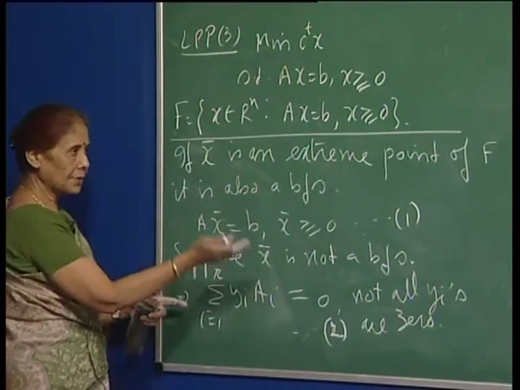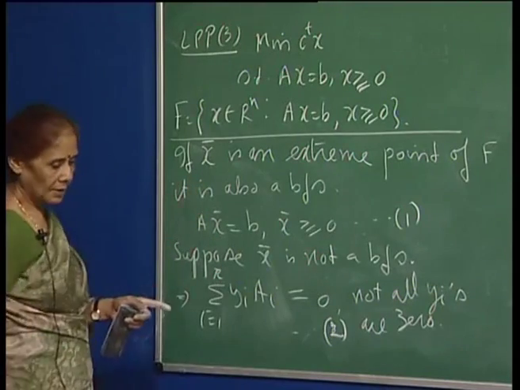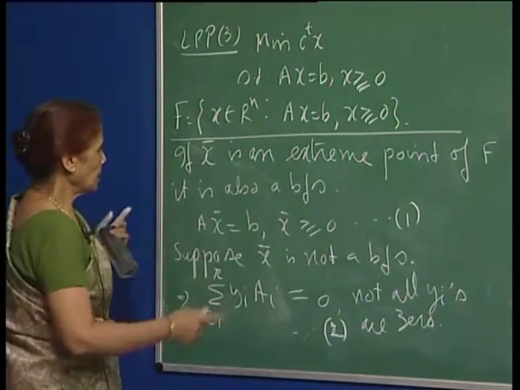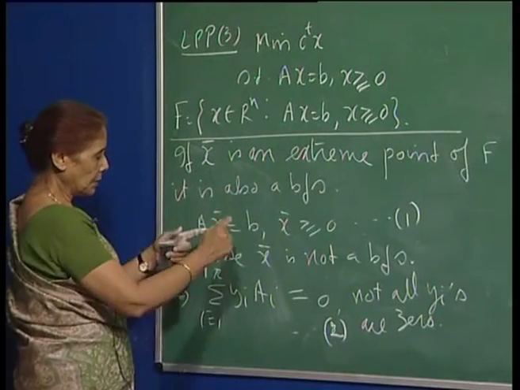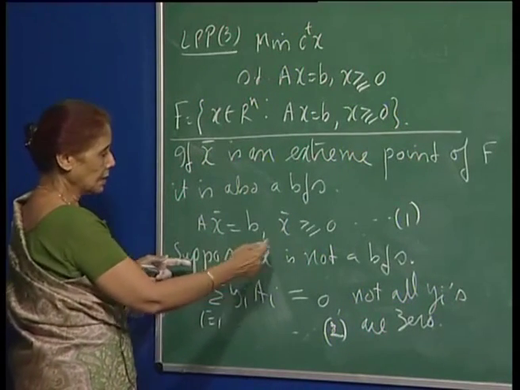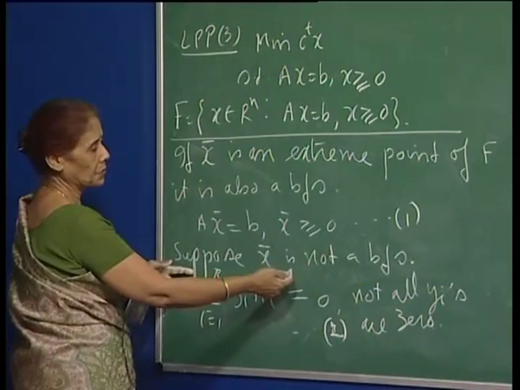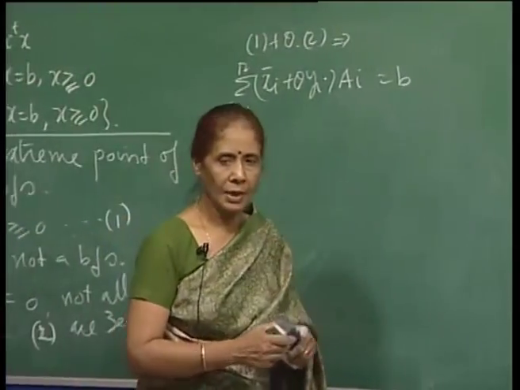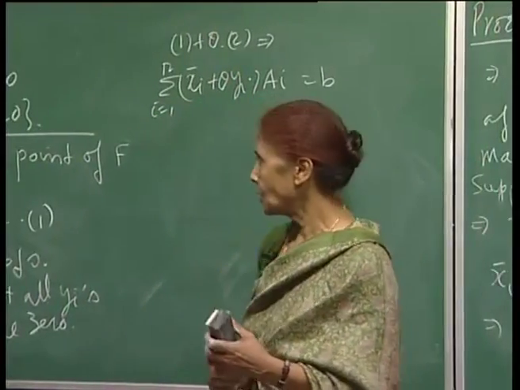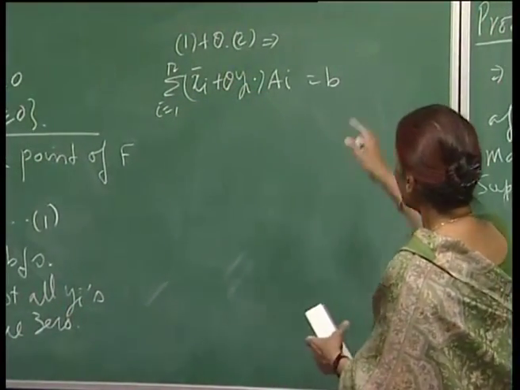So, using this I will try to contradict the fact that x bar is an extreme point, and since I have assumed this, that means I should then be able to say that x bar has to be a basic feasible solution. So, this will be the idea behind the proof, right, by contradiction. So, this is this.